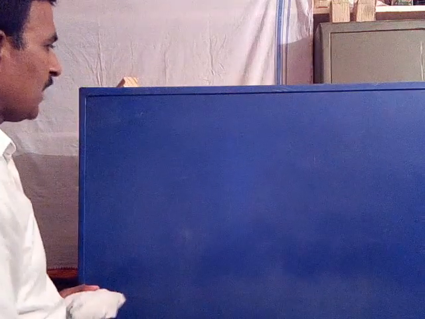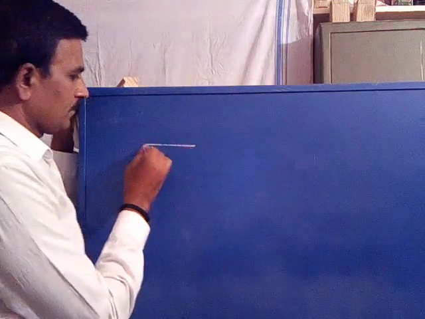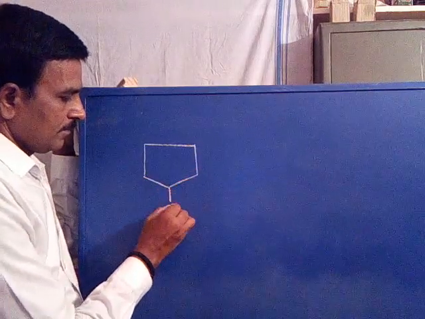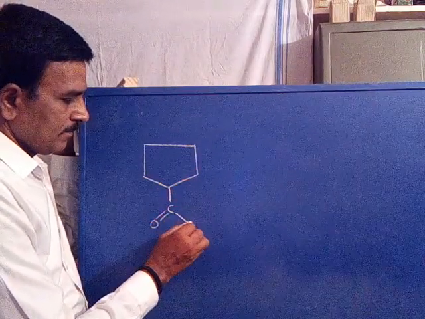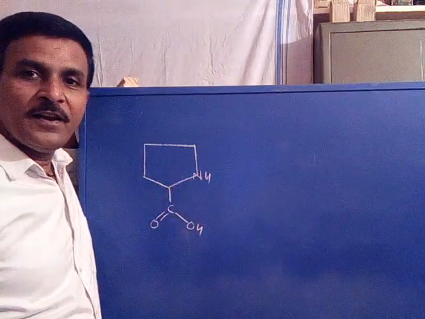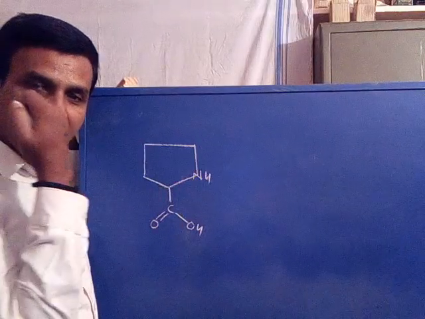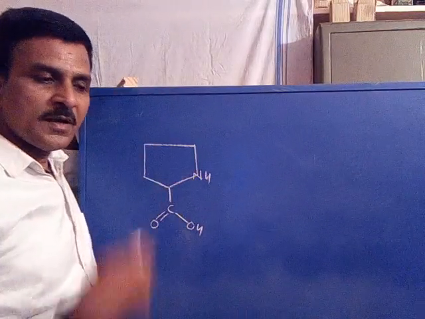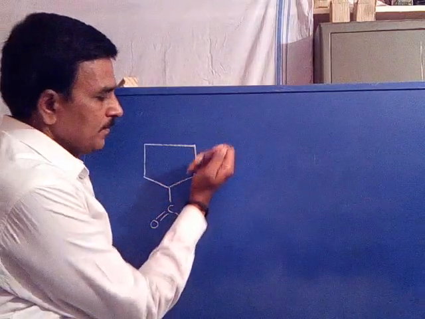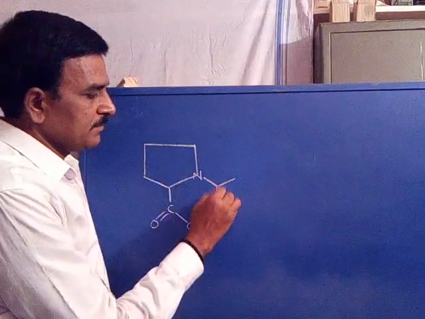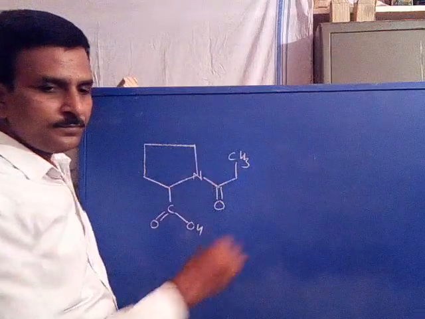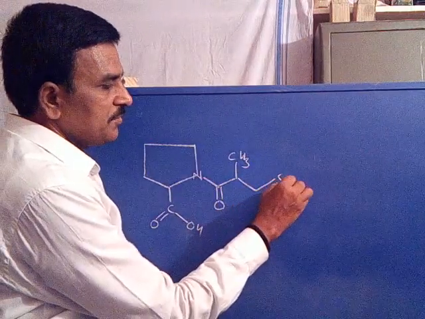Now, coming to captopril. This is COOH. This is the proline residue, based on the proline structure of the material isolated from the venom. Now, extending the side chain, this is oxygen, CH3, SH.